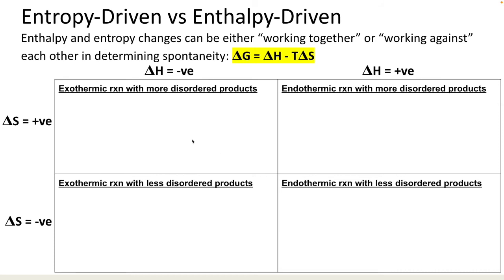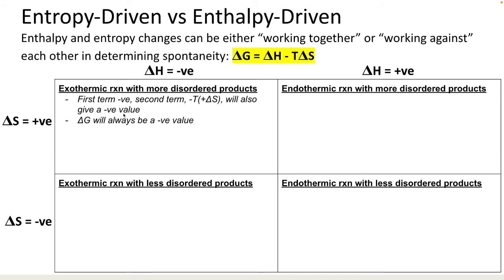So let's begin by looking at the one that we've already looked at. We have an exothermic reaction, so a negative delta H, with more disordered products. We have a positive delta S. Our first term is negative. Our second term, minus T times plus delta S. Remember, our T is always positive because it's a Kelvin scale, so we don't have to consider that too much.